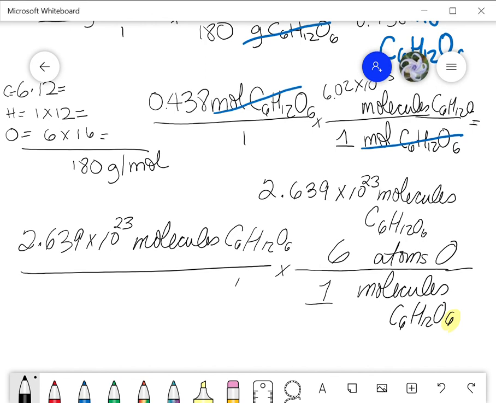And that will give me, so I should get 1.58 times 10 to the 24th. And then don't forget your unit, which is atoms oxygen.